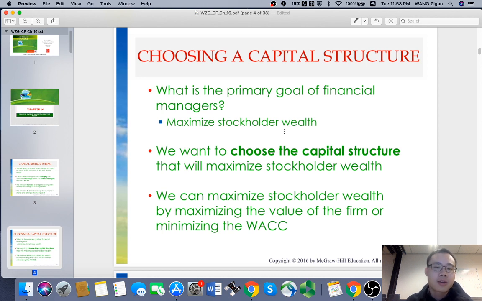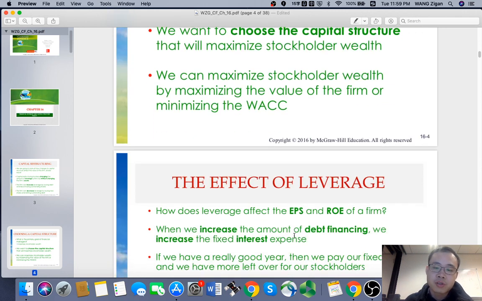It's like a guideline: you maximize the stockholder rather than stakeholder wealth. So we want to choose a capital structure that will maximize the stockholder wealth. And we can maximize the stockholder wealth by maximizing the value of the firm or minimizing the WACC, weighted average cost of capital, which is covered in the previous chapters.